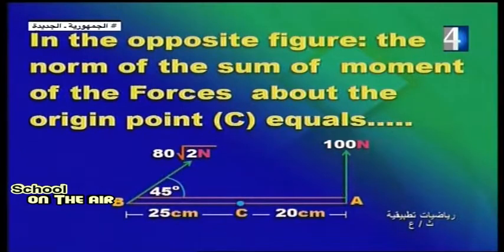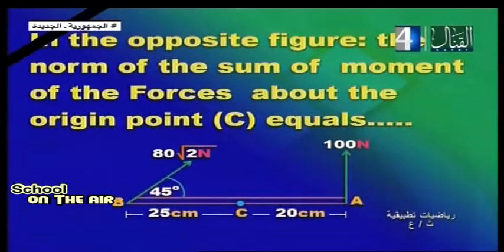The distance between the force 80 root 2 and C is 25, but the distance between 100 and C is 20 centimeters. How? Because 80 root 2 is inclined at angle 45, the perpendicular distance from C to the force 80 root 2 equals 80 root 2 sine 45.